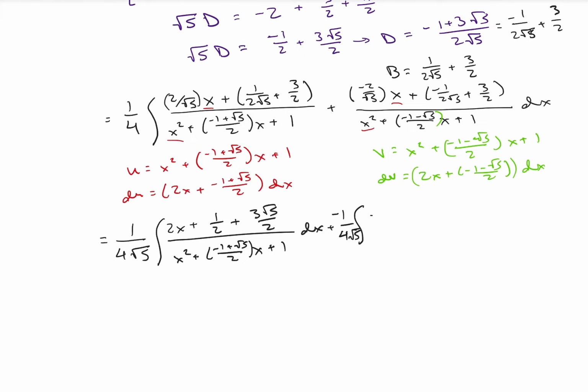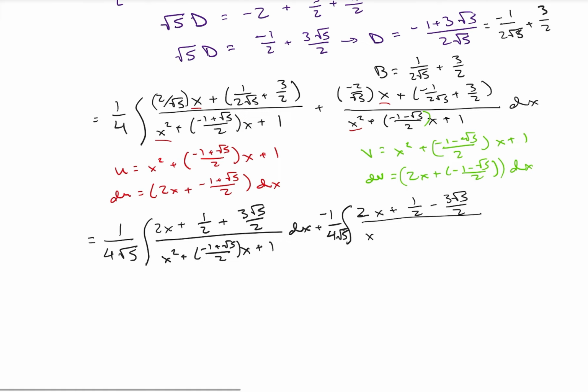And up here, I'm going to have 2x minus 1/2, or plus 1/2 after I factor out the negative, minus 3 root 5 over 2. And that's going to be over x squared plus (-1 minus root 5)/2 x plus 1.